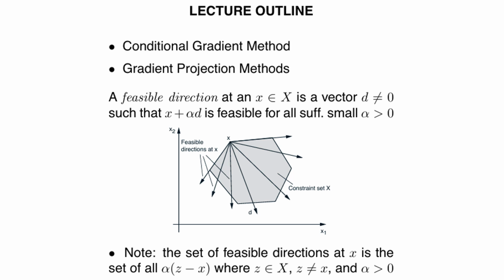Note that the set of feasible directions at x is the set of all alpha multiplied by the difference between z and x, where z is from the same set X and z is not equal to x, for positive step size alpha. I'm considering a feasible direction as a practical, achievable, workable, realistic direction.